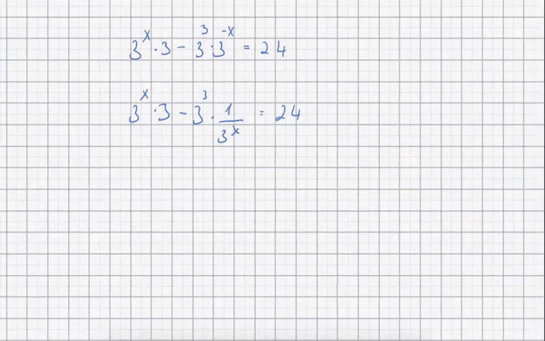By 3. 3x. So what do you do? Let's just multiply without simplifying, step by step. So that's 3x times 3x times 3.